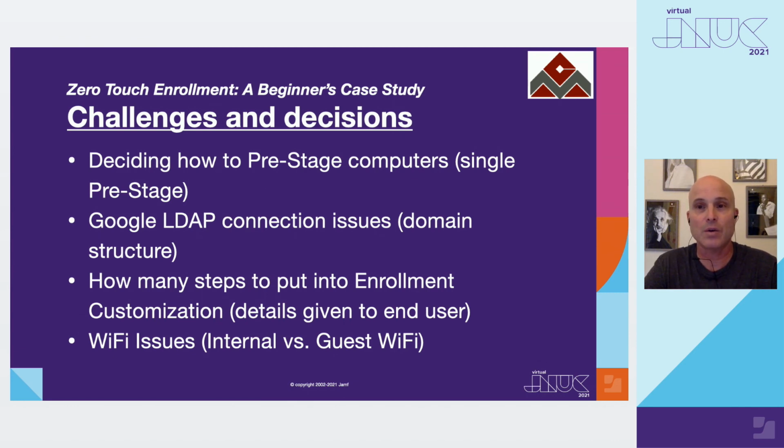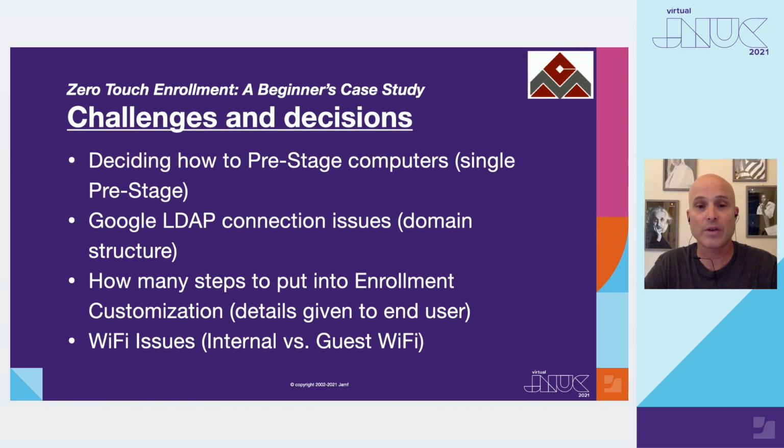And then, in order for the enrollment Wi-Fi to not work, we push down a configuration profile that has the enrollment Wi-Fi with an incorrect password. We also do the same thing for the guest Wi-Fi because we find for some reason a lot of our users end up trying to put our machines on our guest Wi-Fi, and then they don't get access to a lot of things because they're not authenticated the correct way. So those are a couple of things that happen at enrollment.